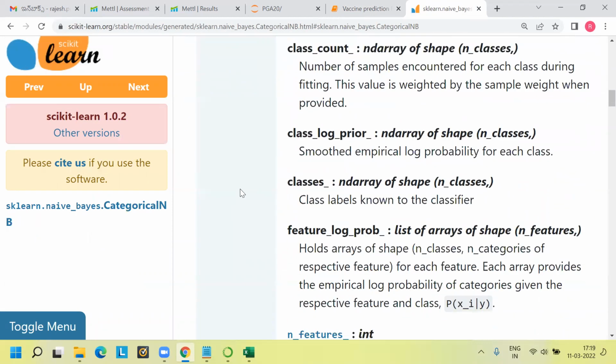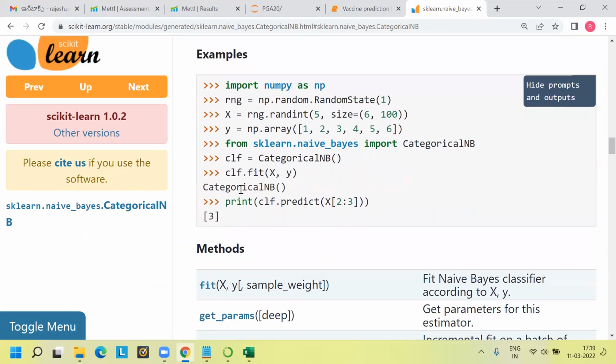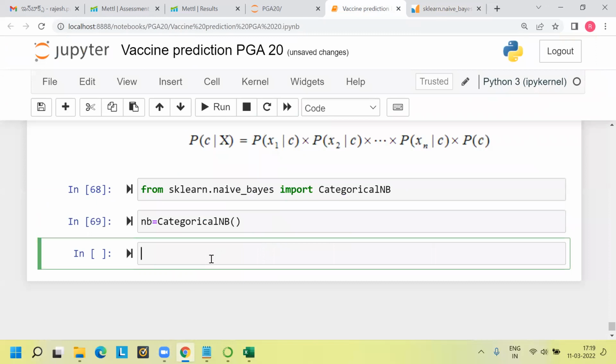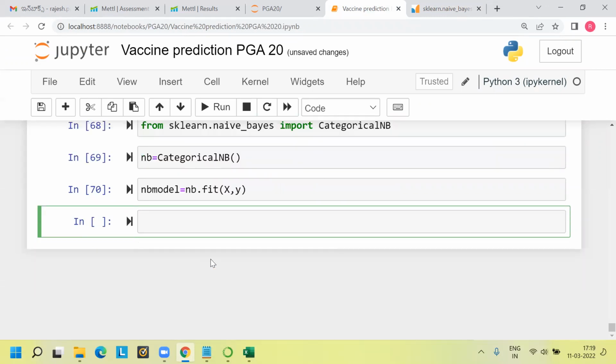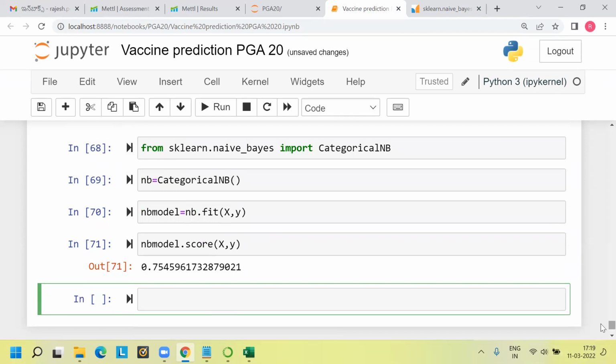Nothing to be given. NB_model is equal to NB.fit(X, Y). NB_model.score(X, Y). Oh, 75. With categorical naive Bayes, we got 75 as the score.